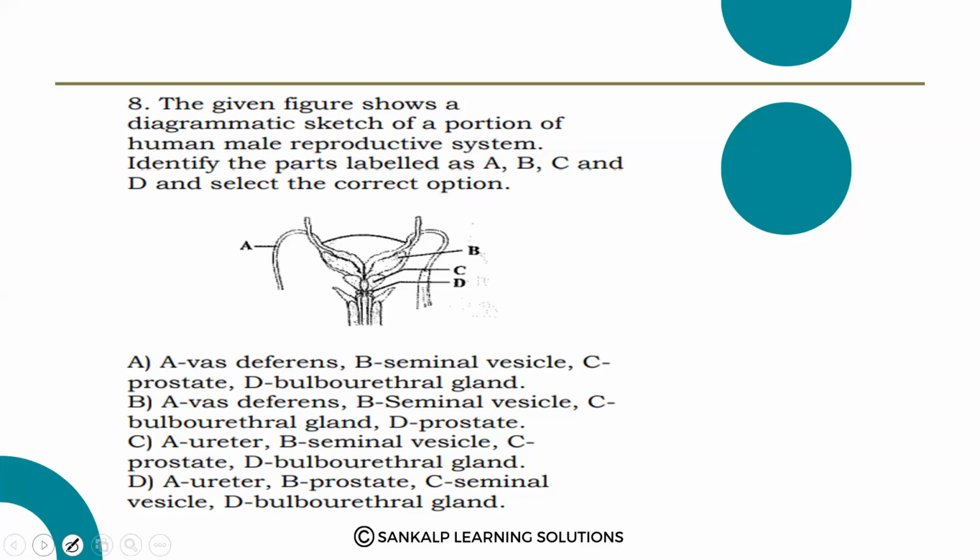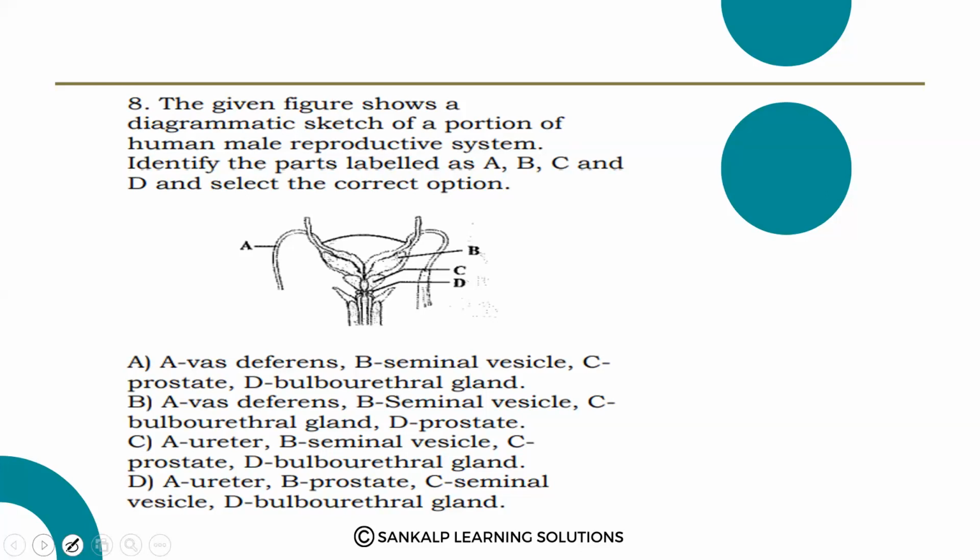Identify parts labeled as A, B, C, and D and select the correct option. Option A: A is vasa deferens, B is seminal vesicle, C is prostate gland, D is bulbourethral gland.